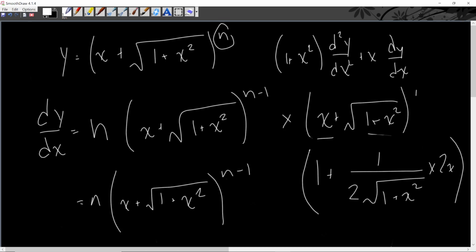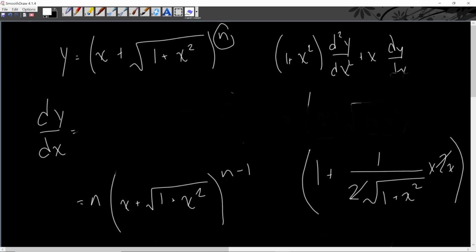All right, then these 2's cancel out, and let's write this last step a little bit neater. We are going to bring this 1 into this function. So we have, well, this is going to be x because we multiplied this x over there.